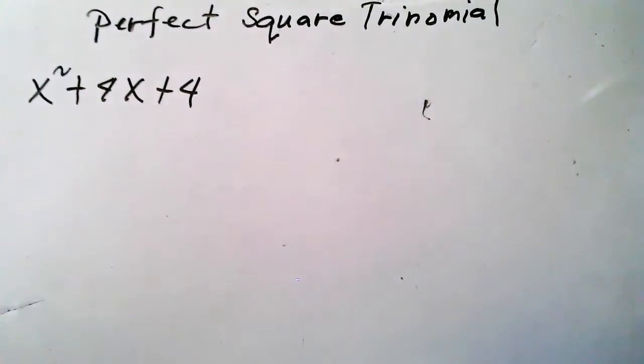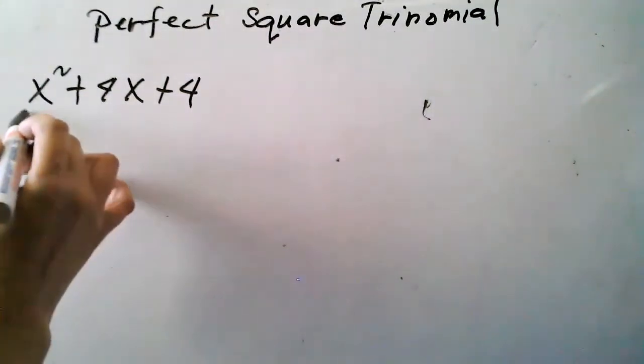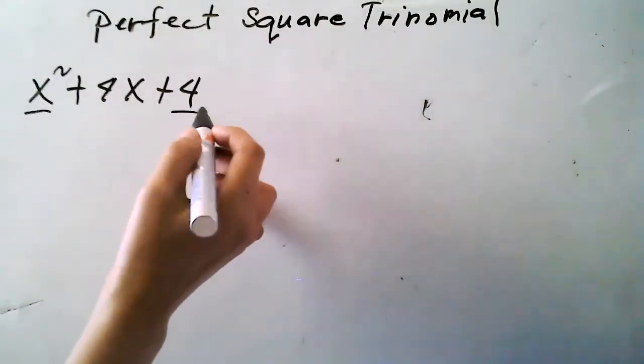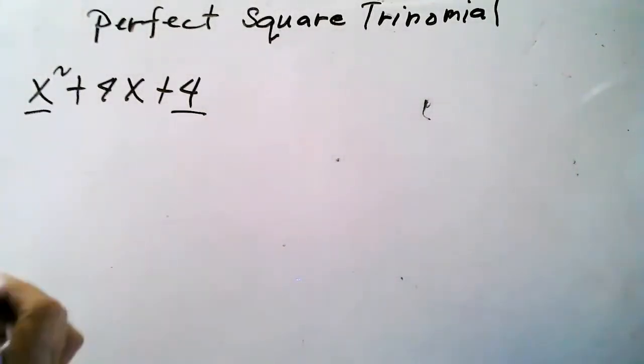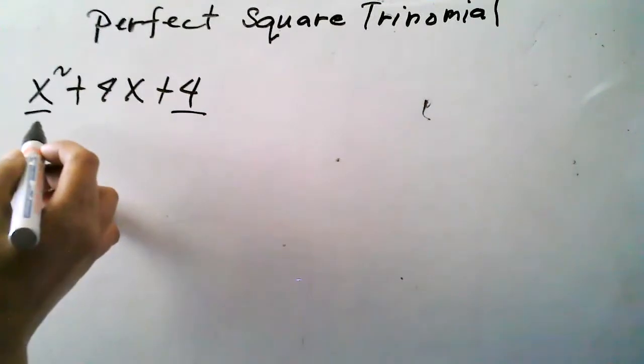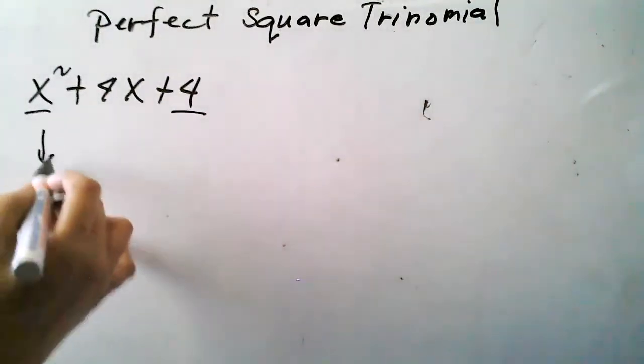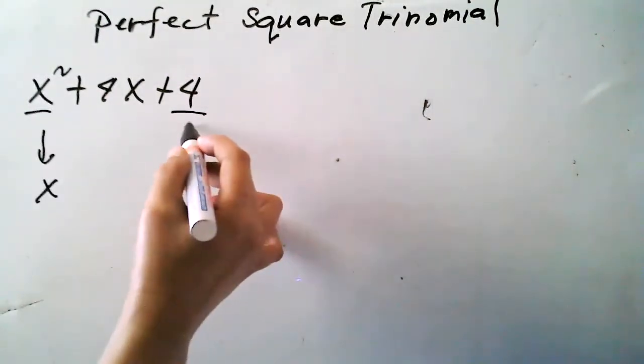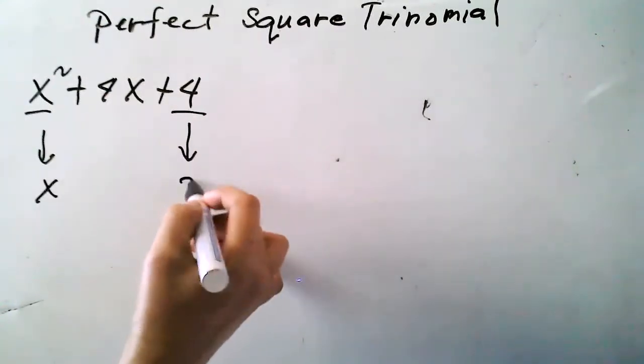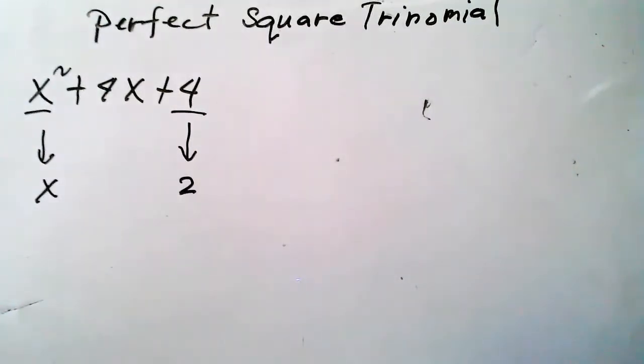So bakit nga ba siya tinawag na perfect square trinomial? Notice that the first term and the last term of the trinomial are both squares, because x squared has the square root of x and 4 has the square root of 2. Okay?